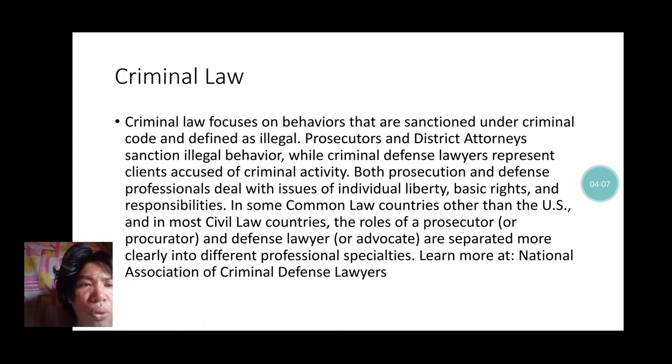In some common law countries other than the US and in most civil law countries, the roles of prosecutor or procurator and defense lawyer or advocate are separated more clearly. So this law focuses on criminal activities. If you do criminal activities, you should pay in court.